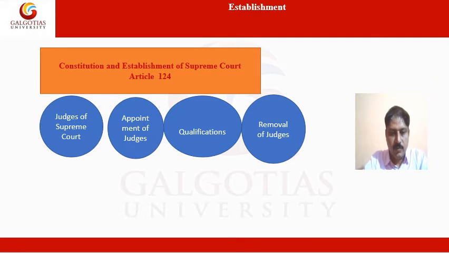It provides that every judge of the Supreme Court shall be appointed by the President by warrant under his hand and seal after consultation with such number of judges of the Supreme Court and the High Court in the states as the President may deem necessary for the purposes, and shall hold office until he attains the age of 65 years, provided that in the case of appointment of a judge other than the Chief Justice of India, the Chief Justice shall always be consulted.